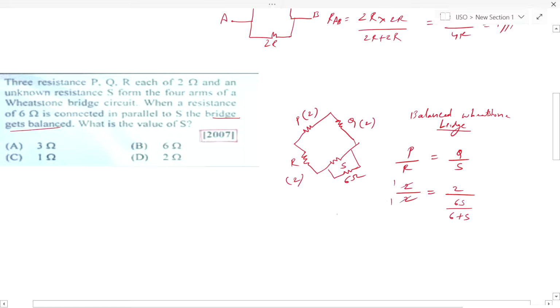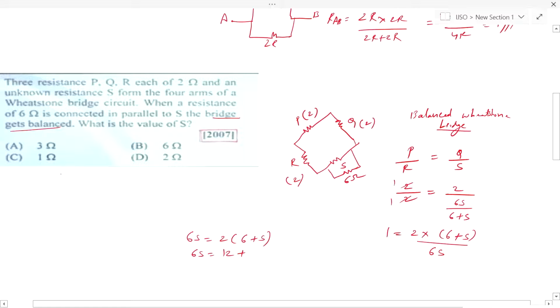It is 6s by 6 plus s. So what is the final answer? You have to calculate the value of s. S is equal to 3 ohms.